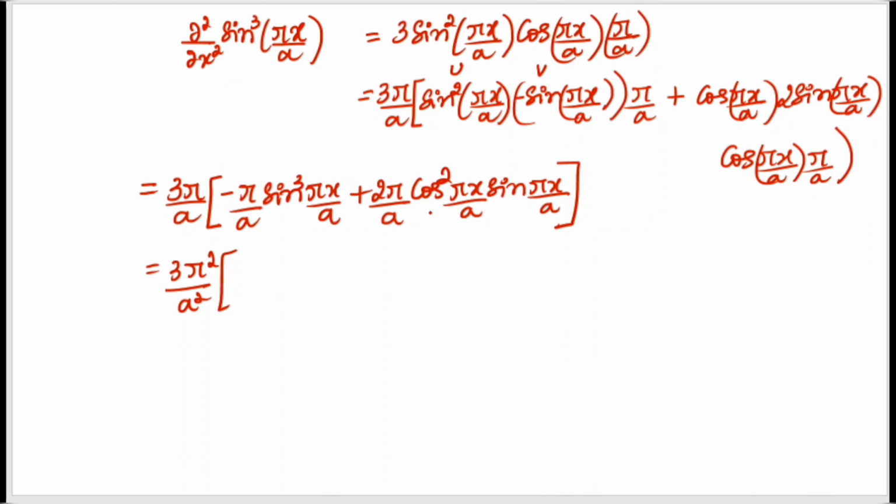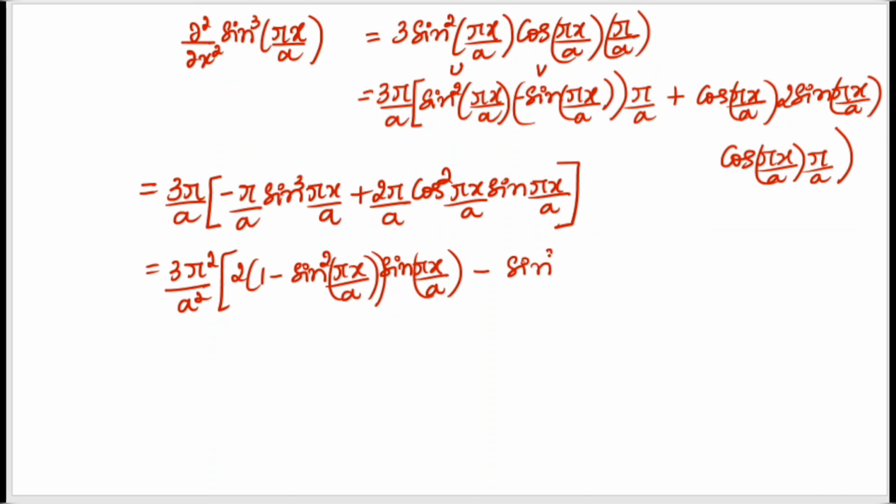So I can write cos square as 2 times 1 minus sine square pi x divided by a into sine pi x by a, right? Next it will be minus sine cube pi x by a. Now what are we left with?